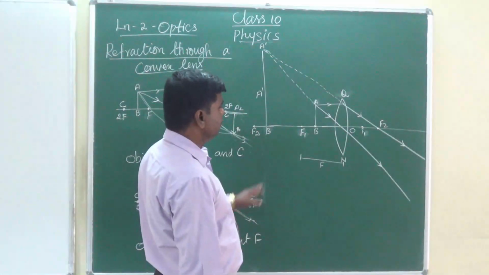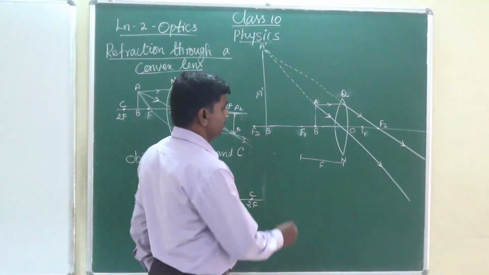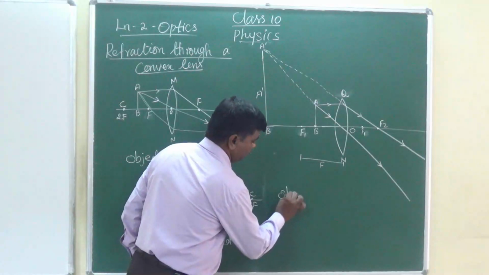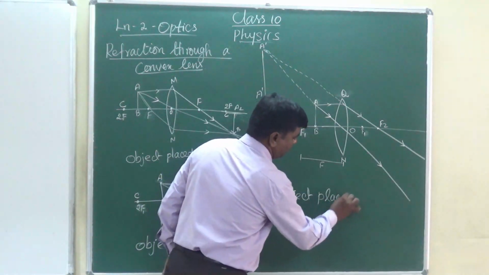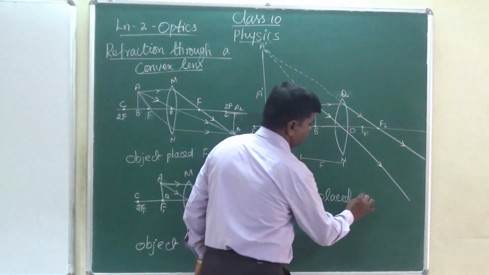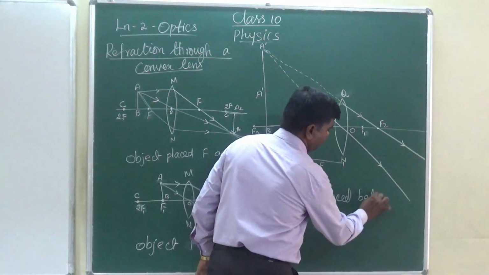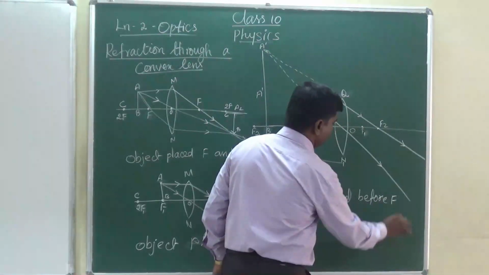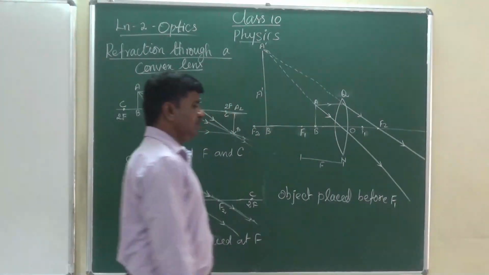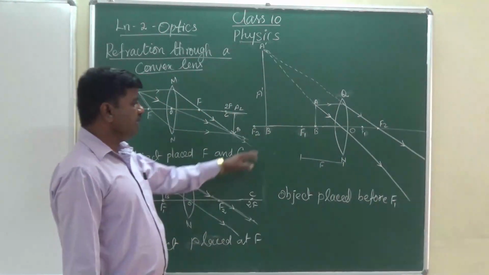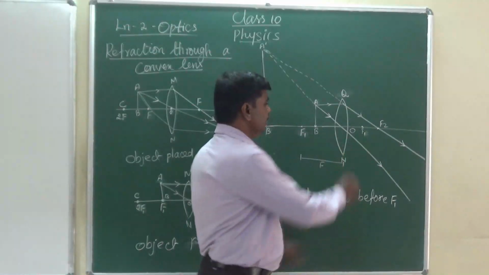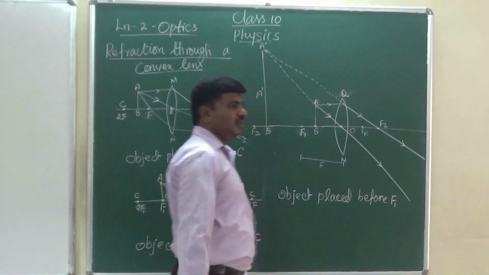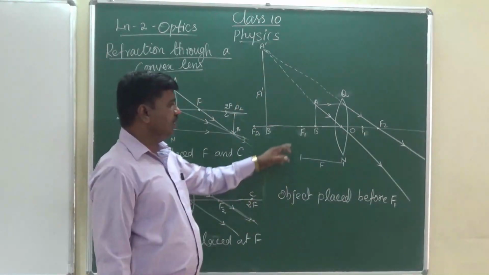Here the object is placed before F1, very close to the focal length. See, there is an optic axis, the center of the lens, origin O, or focal point we can say.